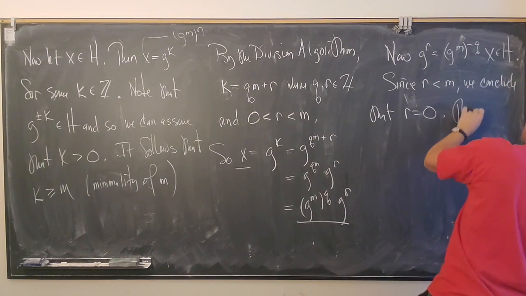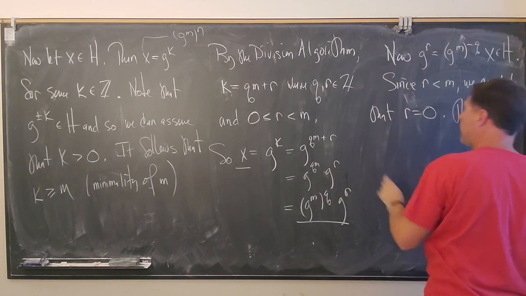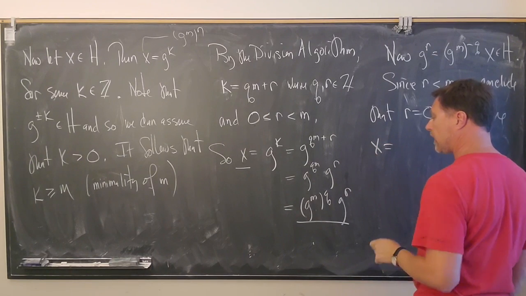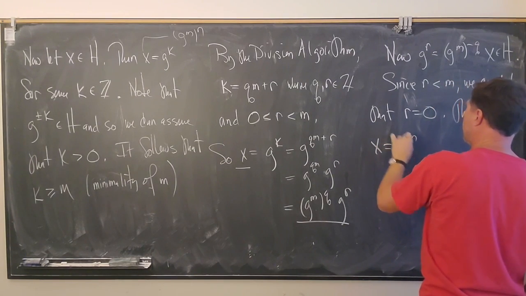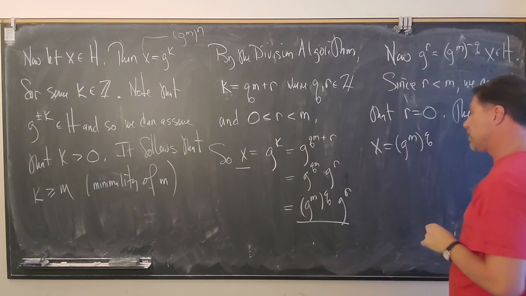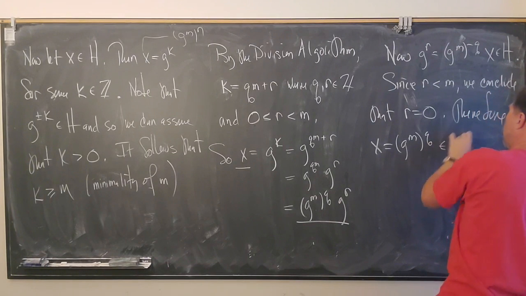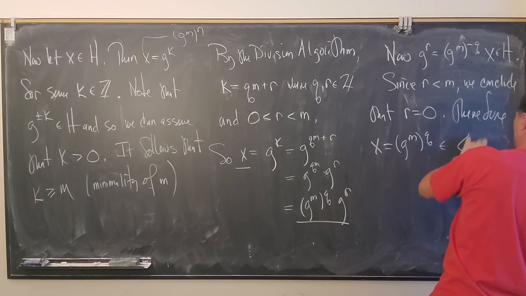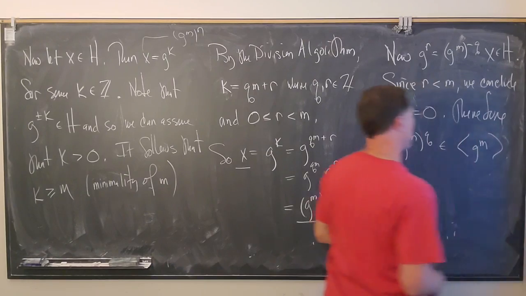Therefore, x can now be written as g to the m raised to the q, and that is an element of the cyclic subgroup generated by g to the m.